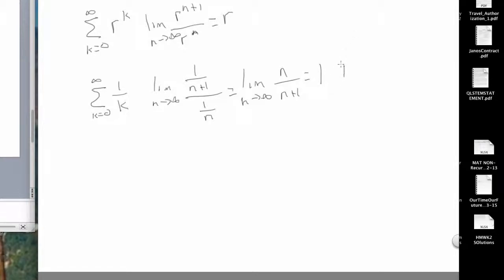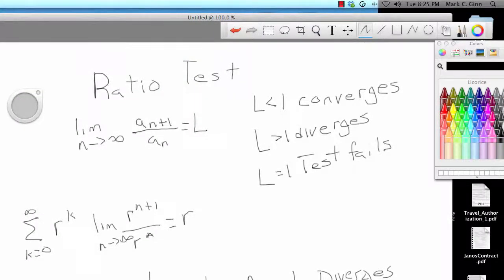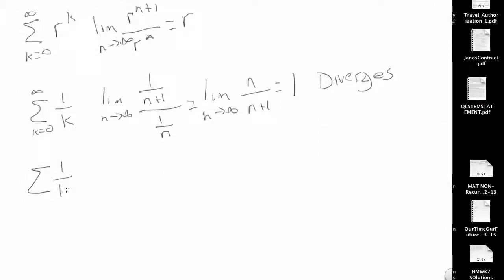And this is the harmonic series, so we know that this series diverges. However, the test, of course, does not tell us that.